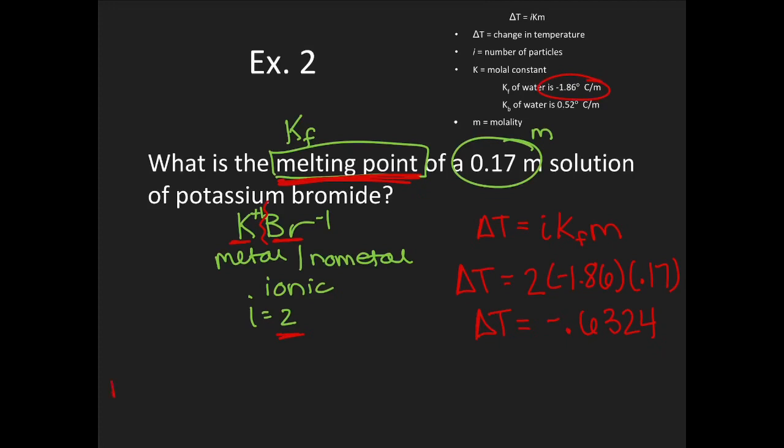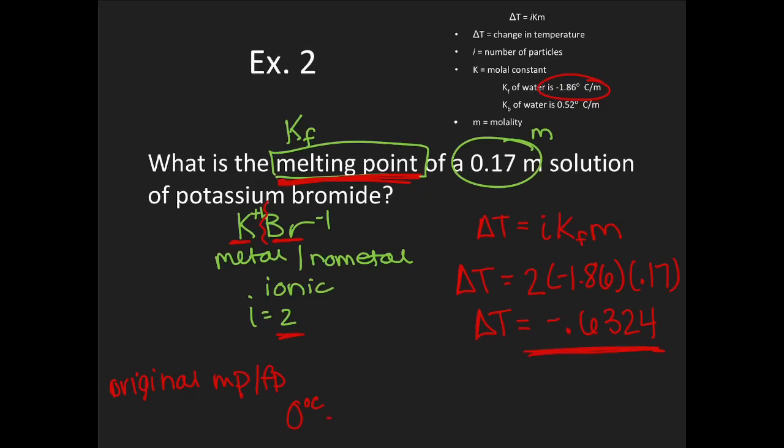So as we know, the original melting point of water, melting point / freezing point, is 0 degrees Celsius. All right, what happens when we add a solute to your solvent? It lowers the freezing point. Think about putting salt on the roads in the winter. It means that it has to get colder in order for the roads to freeze. That's why this answer is negative.